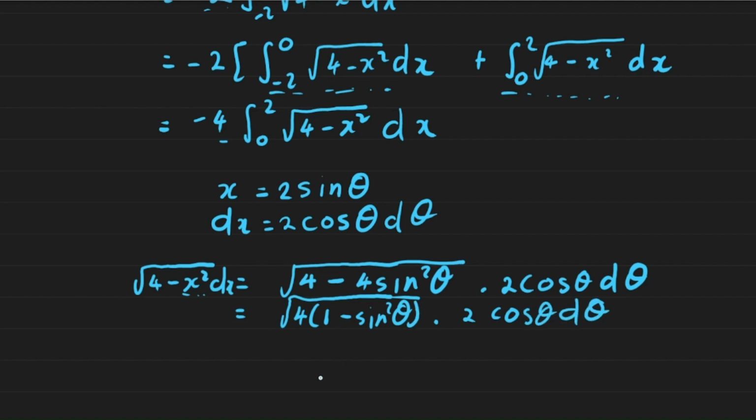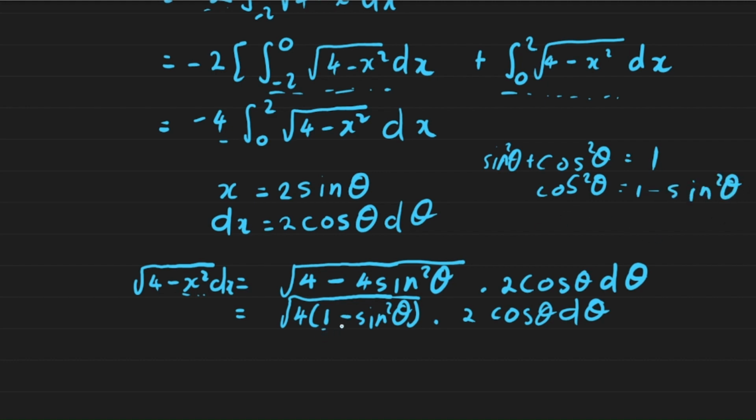We know from our trigonometric identities that sine squared theta plus cos squared theta is equal to 1. So I could just write that along the side. Sine squared theta plus cos squared theta is equal to 1. So cos squared theta is equal to 1 minus sine squared theta.